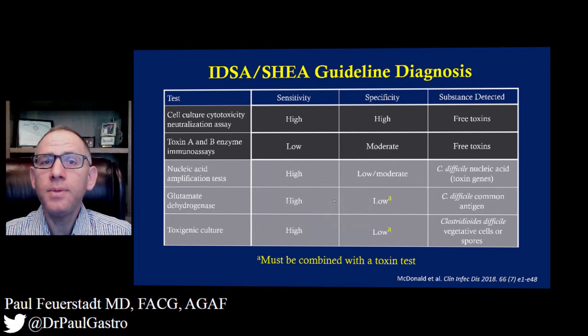By combining these two tests, it increases the accuracy of our ability to detect C. difficile. The PCR is probably the most sensitive of all of our tests, but it only detects the ability of the organism to release a toxin. So it looks for the gene that codes for the protein of the toxin.